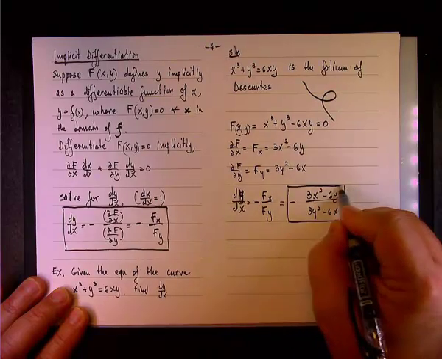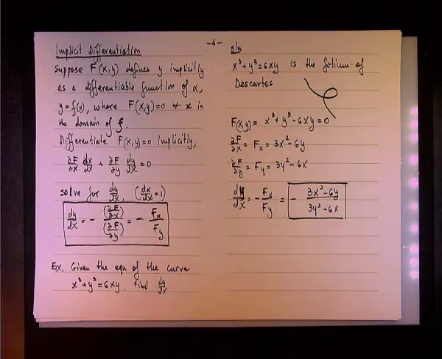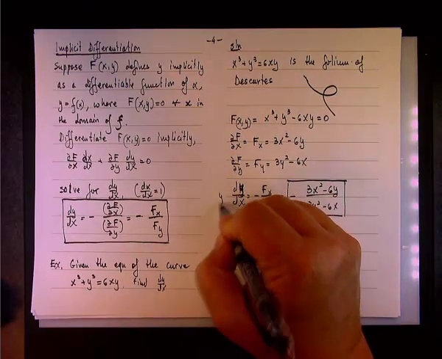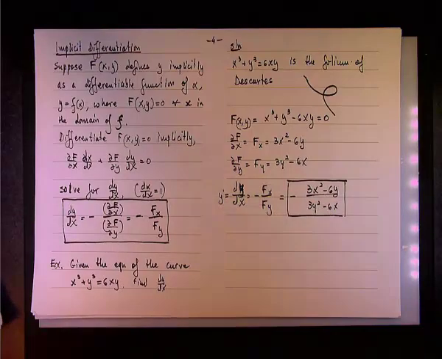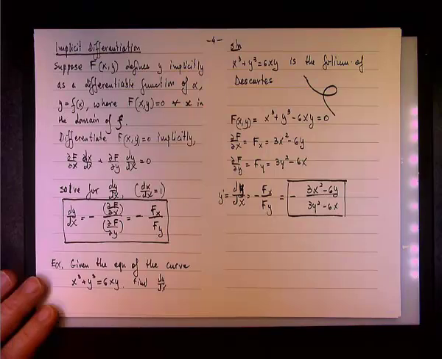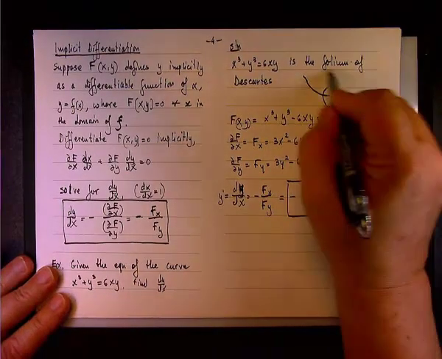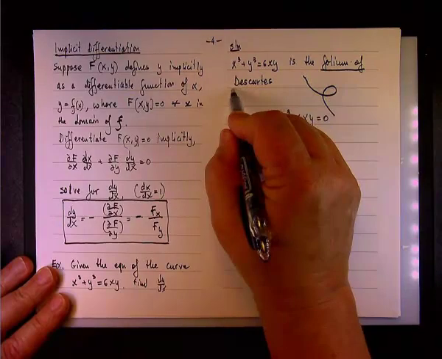So negative, and it will be 3x squared minus 6y in the numerator, and in the denominator 3y squared minus 6x. We just swap x and y to get the denominator, and that's it. So it's a different way to obtain the same result as we did in Calculus 1.